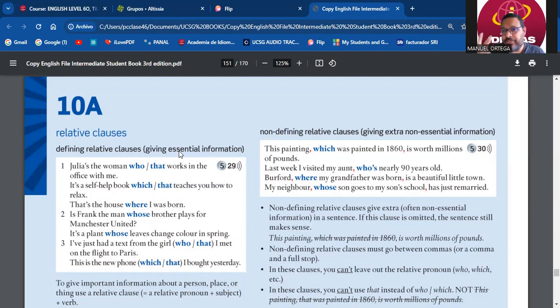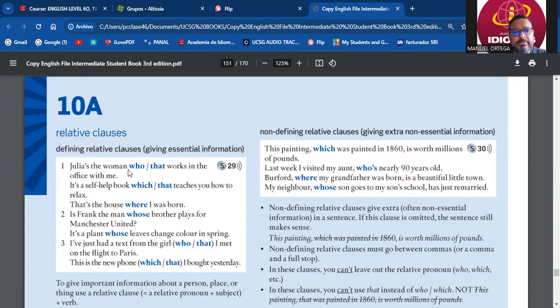Relative clauses, two types, defining and non-defining. When is it defining? When the information that you add to the sentence is essential, is important. Non-defining is when you add information, but it's not important for understanding the sentence. Let's take a look at the example, shall we?